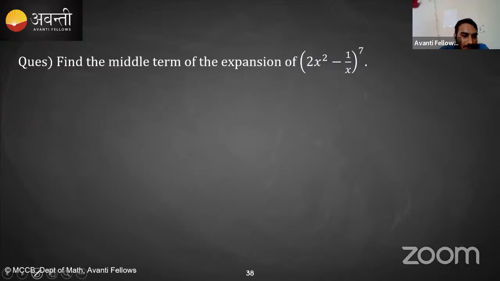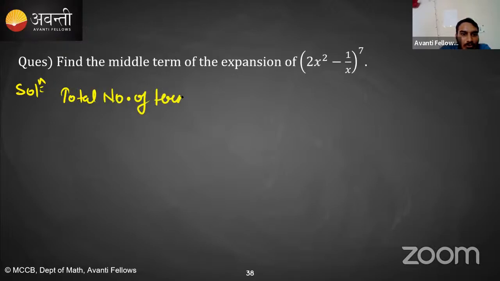In this case, the question is: find the middle term of the expansion of (2x square minus 1 by x) raised to the power 7. First of all, tell me the total number of terms. Quickly let me know in the chat box. Total number of terms in the expansion is.